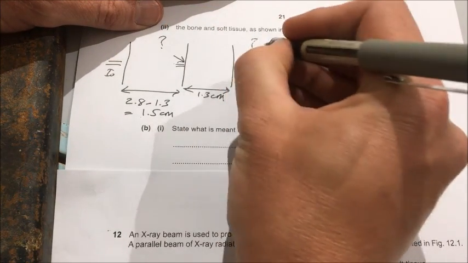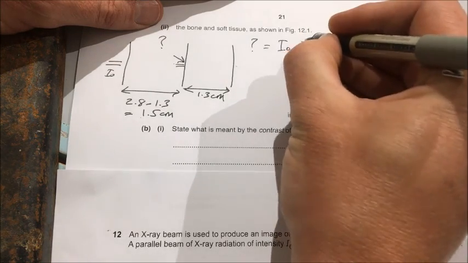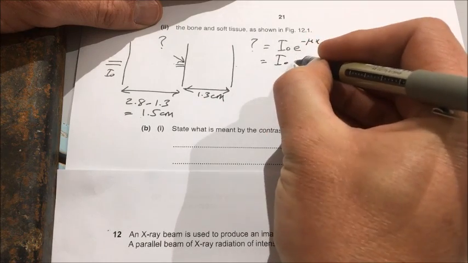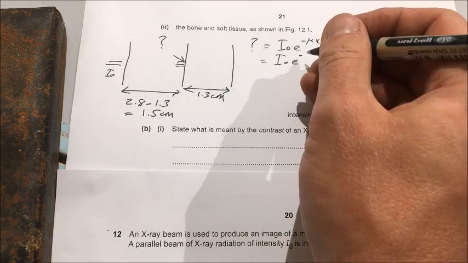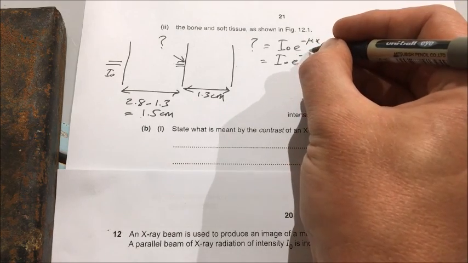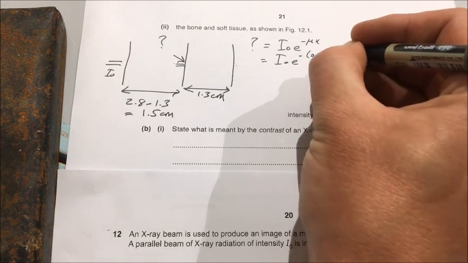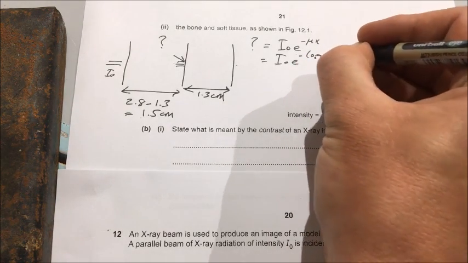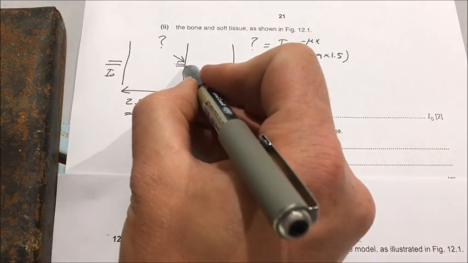So that equals I0 e to the minus mu x, and I'm going to substitute in e to the minus 0.9 times 1.5, like that. That's what that value will be there.